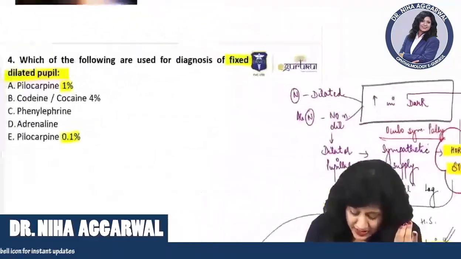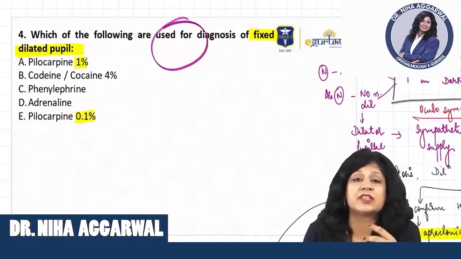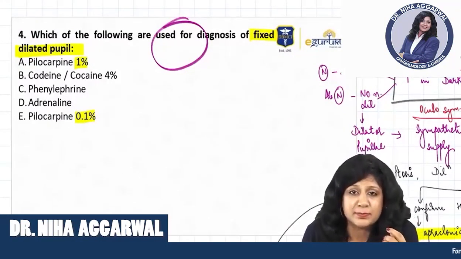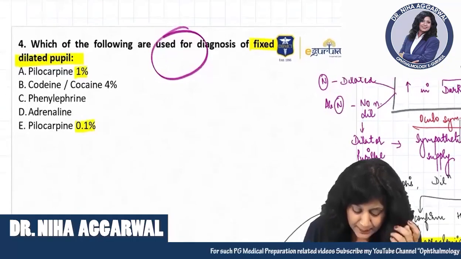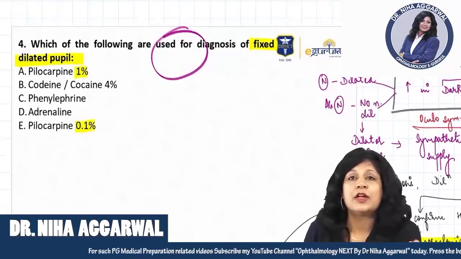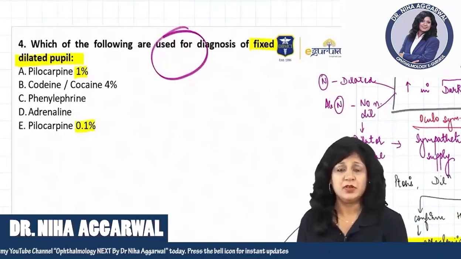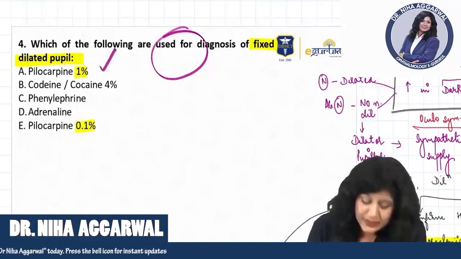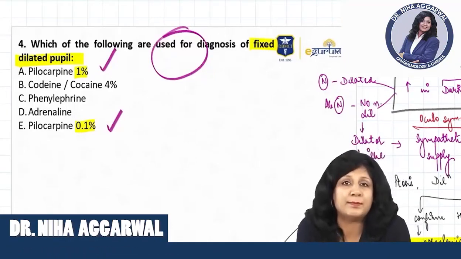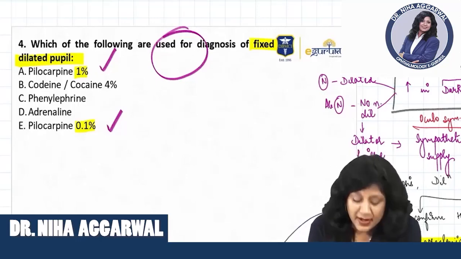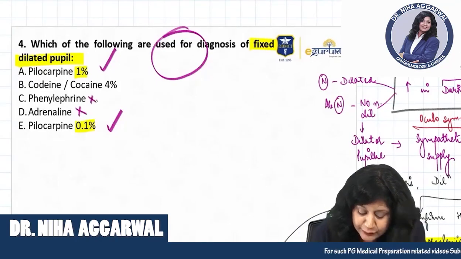They have just asked which of the following is used for the diagnosis of the dilated pupil. So if you look here, pilocarpine. If I have a dilated pupil, I can use pilocarpine 1%, I can use pilocarpine 0.1% also. But I will not use adrenaline or phenylephrine.